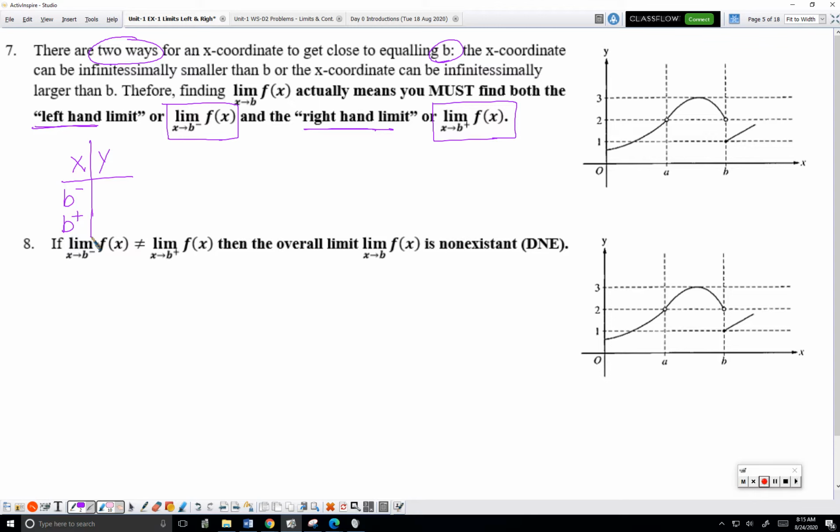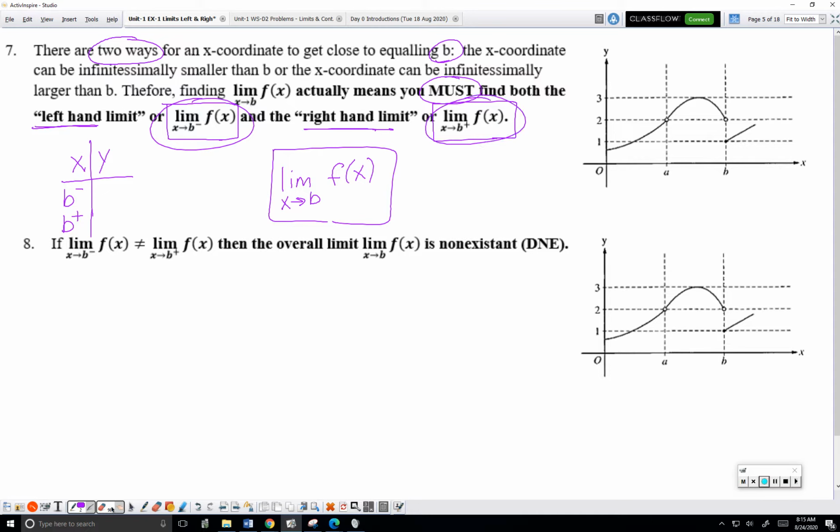Okay, pay attention to this word. Must. Whenever you see this kind of a statement, the limit as x approaches b or whatever number, you must immediately remember you cannot answer this question without first answering this question and this question.